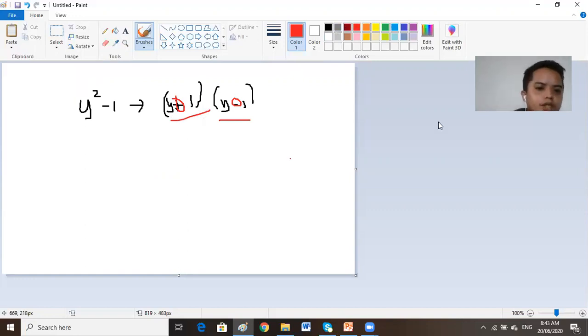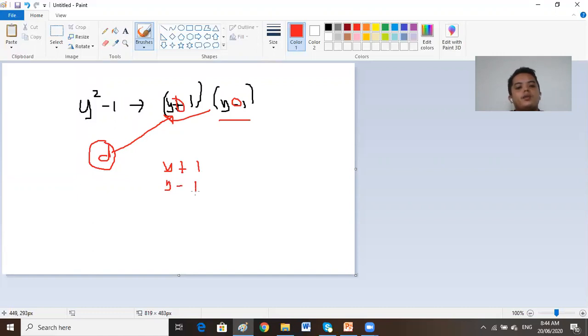Now, to check, let's use reverse engineering, picking choices. Shall we say the answer is in letter D. If you pick choice letter D, y plus 1 times y minus 1: y times y is y squared.